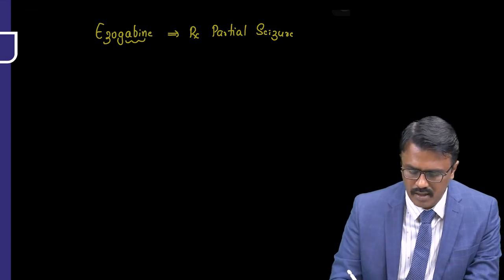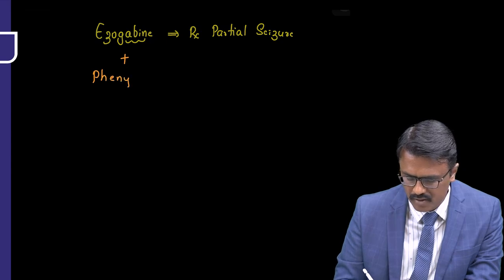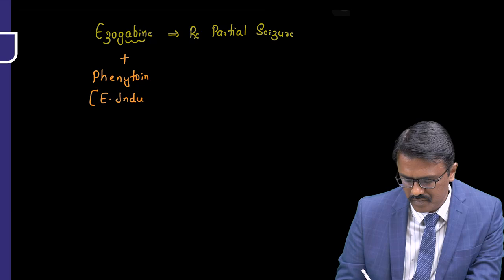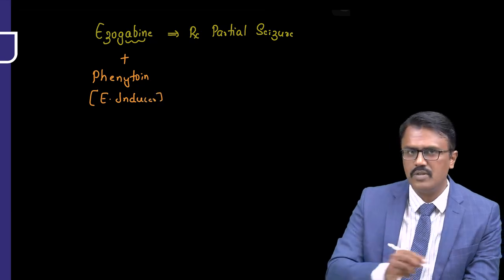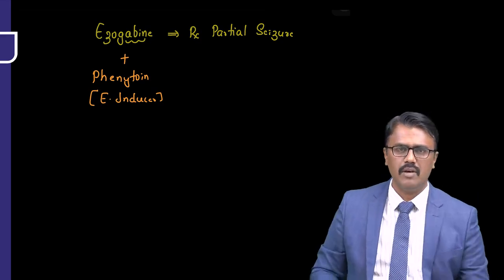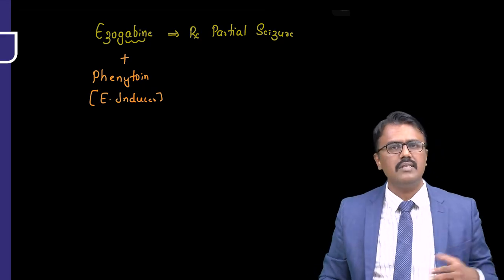So what the doctor did, he added phenytoin. He gave phenytoin to the patient. Phenytoin is an enzyme inducer. So the patient was already on a drug called ezogabine. It was not controlled by ezogabine, so the doctor added one more drug, phenytoin, which is an enzyme inducer.